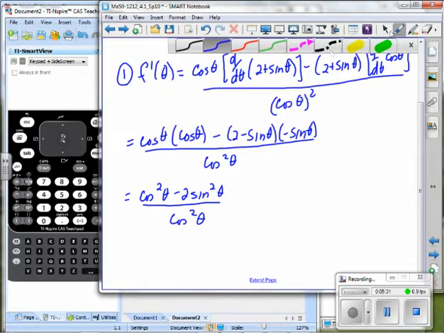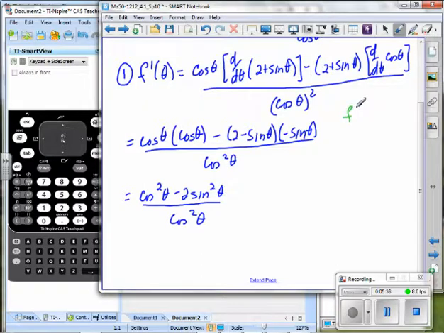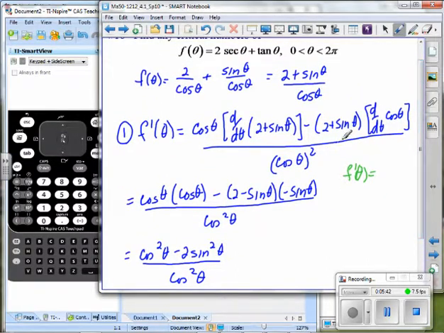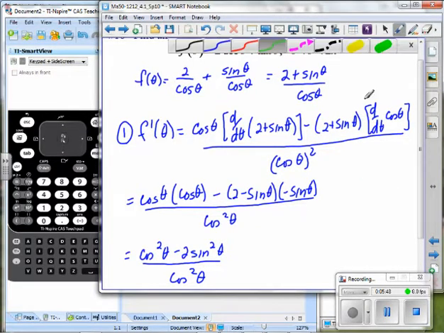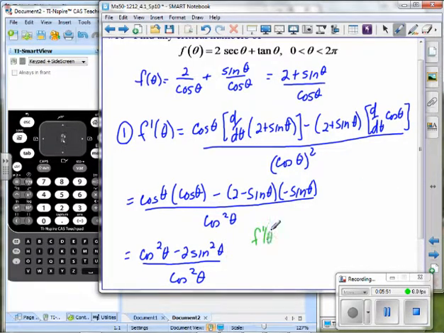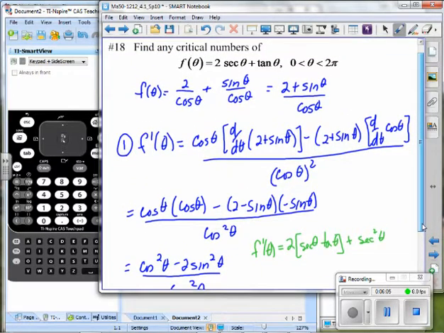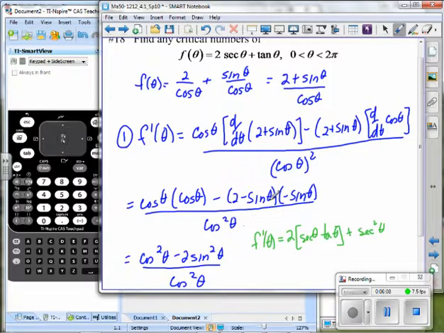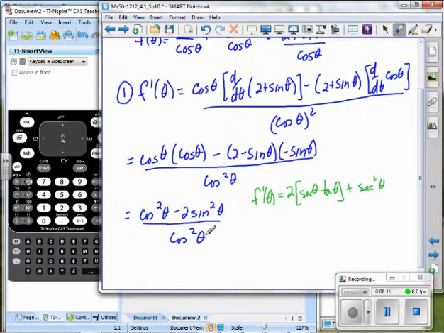If you went the other way, because you happen to know what those are, you could say that looking at secant theta, I'm not going to give myself much room if I do it there, so let's put it down here. We would have 2 secant theta tangent theta plus secant squared theta. Those are the derivatives using secant and tangent. Now, is that equivalent to what we have here?